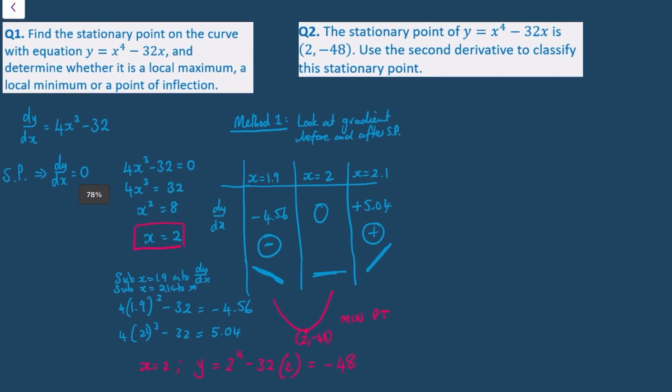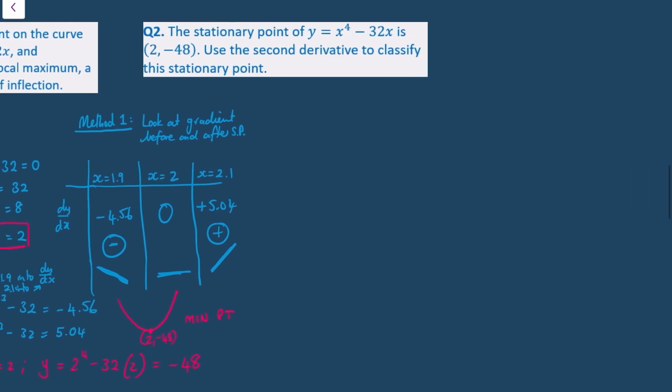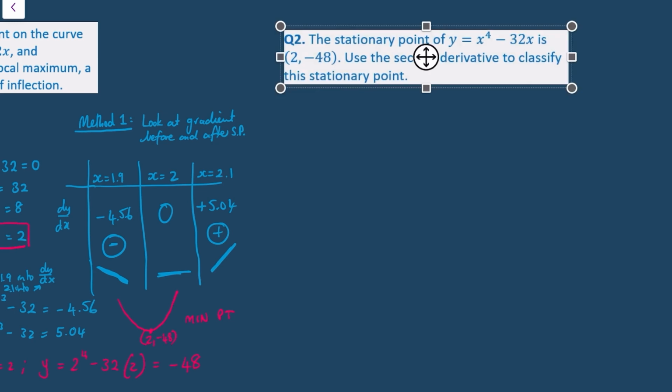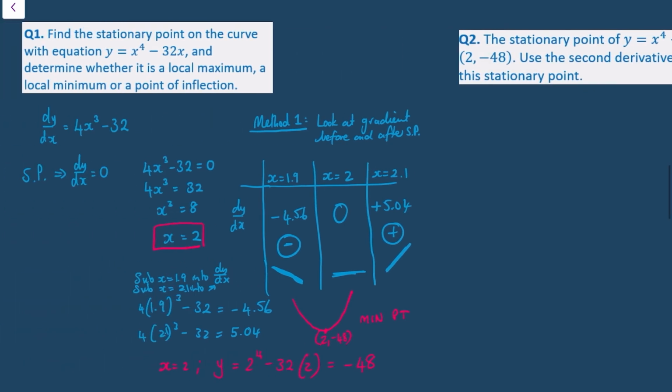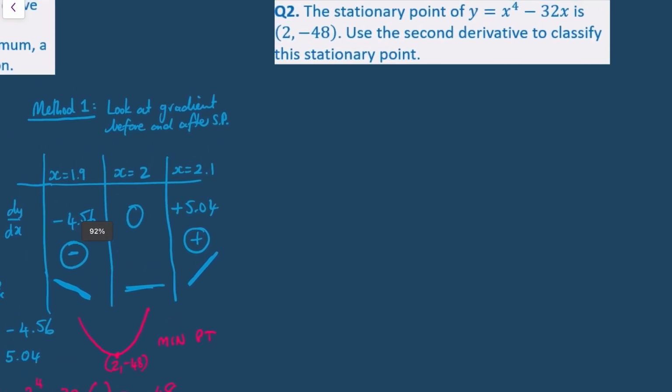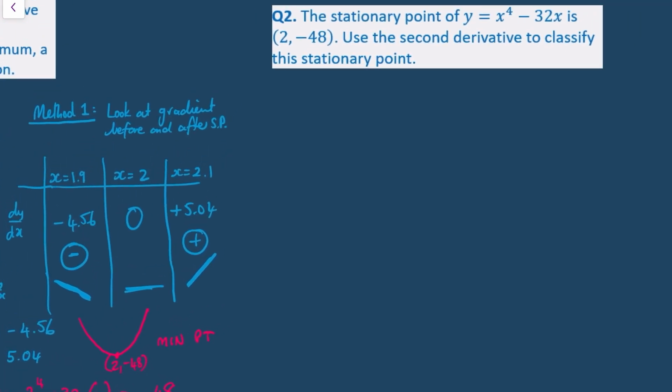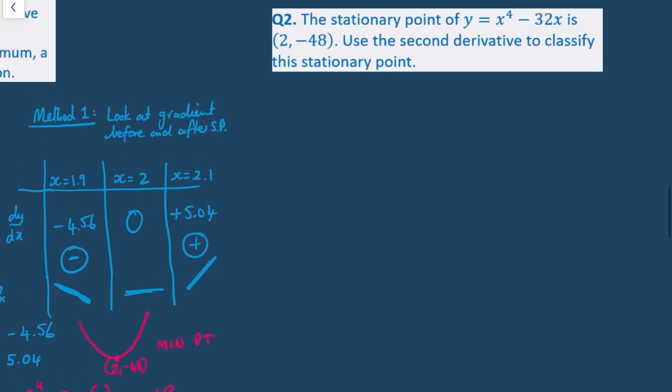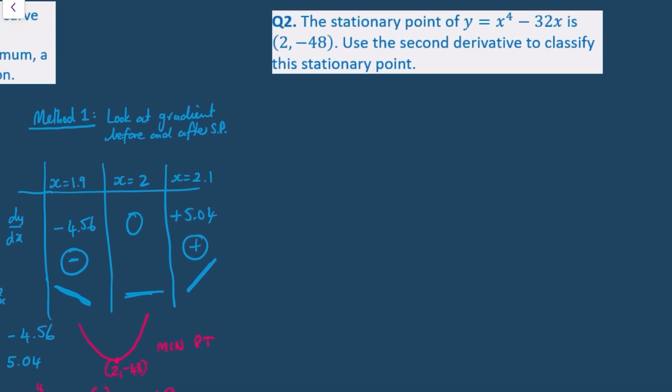Okay. Method 2 is using the second derivative. So in the previous video we looked at finding the second derivative, and the second derivative is really useful in determining the nature of the stationary point, because the first derivative is the rate of change.